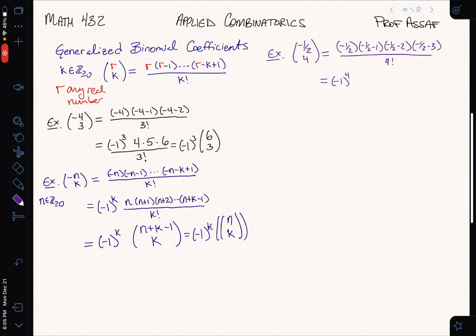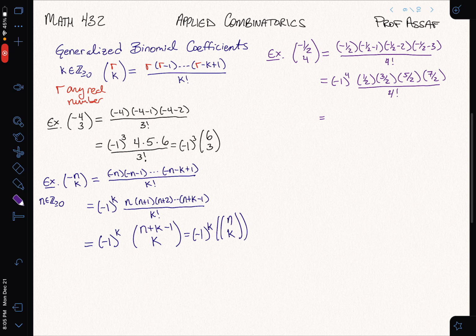And now let's see if I can simplify my terms a little bit. I've got 1/2, and then 3 halves, and then 5 halves, and then 7 halves. There's a distinct pattern I've noticed up top, and I'm dividing by 4 factorial. Again, let's not simplify things. We don't want to multiply things out. I'm not getting rid of that -1 to the 4.